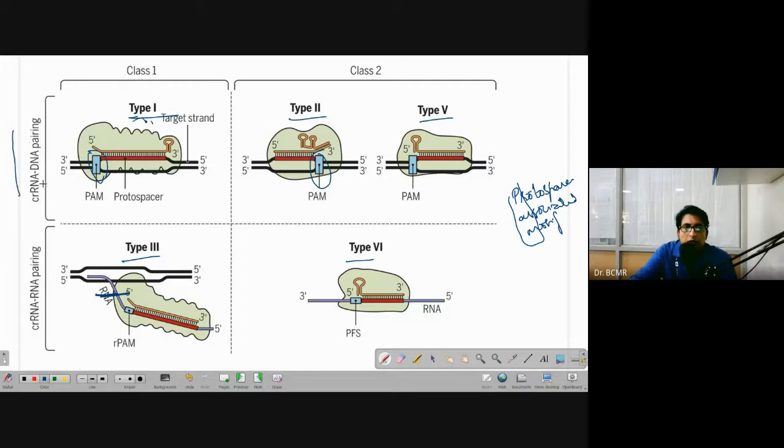One of them are DNA cleaving enzymes, or DNA cleaving RNPs, we will call them ribonucleoproteins, the CRISPR RNA, and the proteins are the Cas. And the other category is CRISPR RNA. These are RNA pairing. They degrade the RNA molecule and not the DNA. So those two categories are big ones.